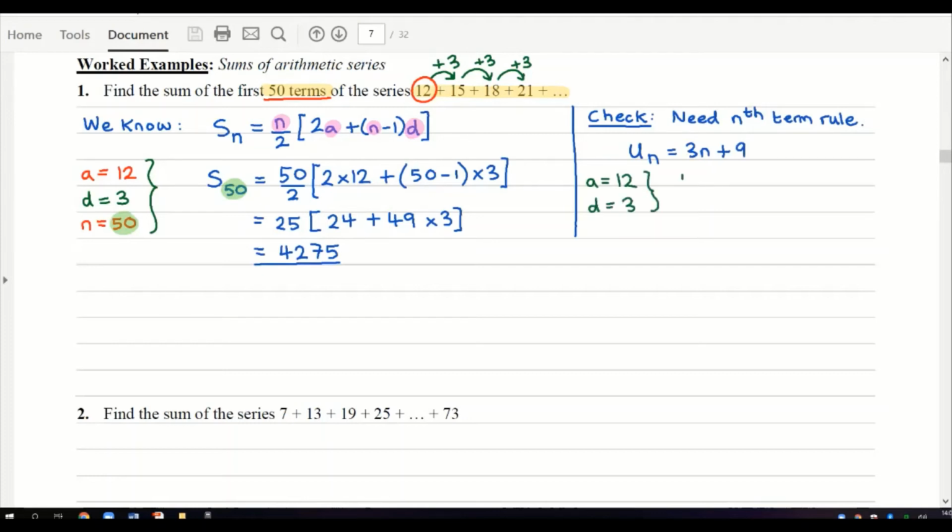You sub them into the formula, so Un would be A added to n subtract 1 multiplied by D. Here I did it the old-fashioned way, using a translation of the 3 times table, but it doesn't matter which way you do it. So 12 add 3n subtract 3 is, of course, going to be 3n plus 9.